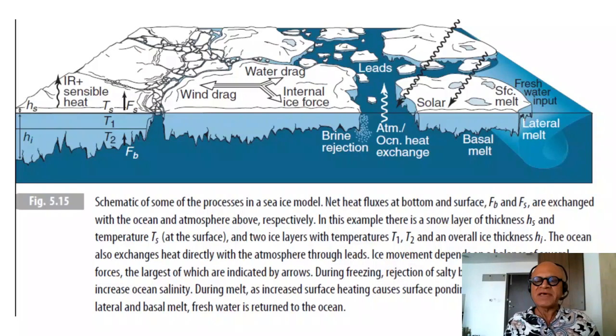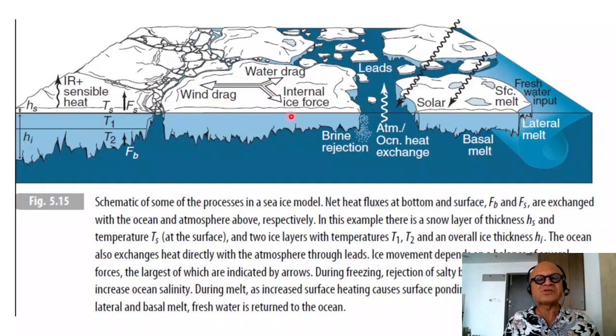Ice movement depends on a balance of several forces, the largest of which are indicated by arrows here. So you have water drag. So the currents below could be related to wind forcing or large-scale circulation or slopes under the water and so on.